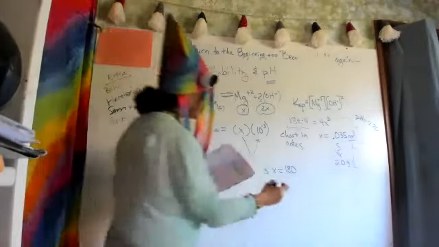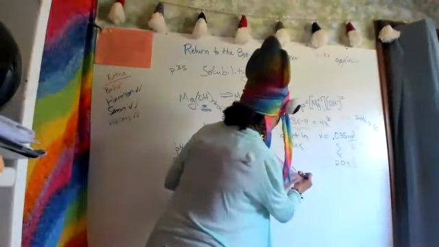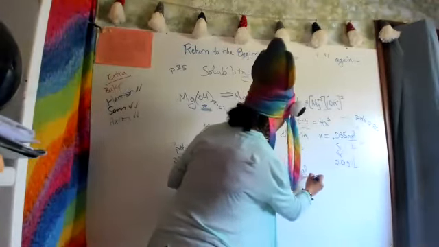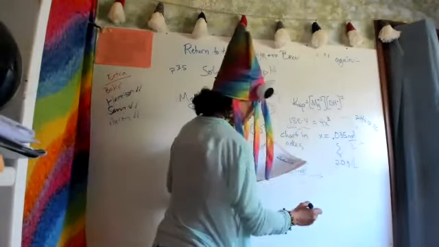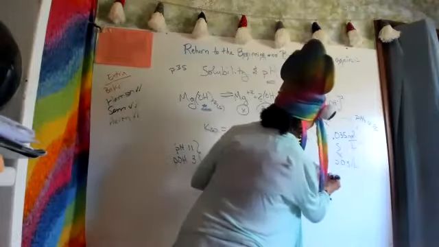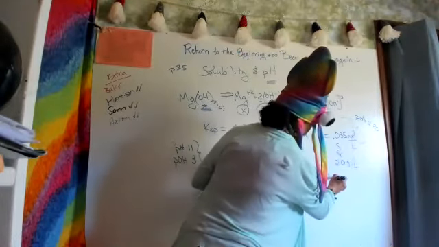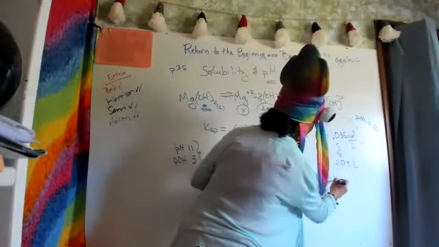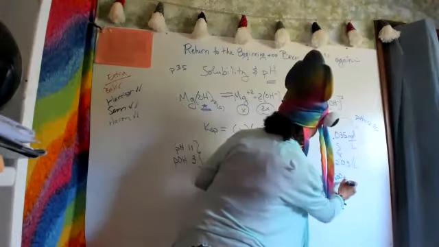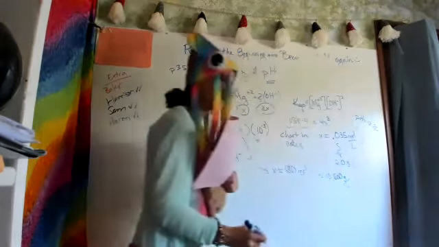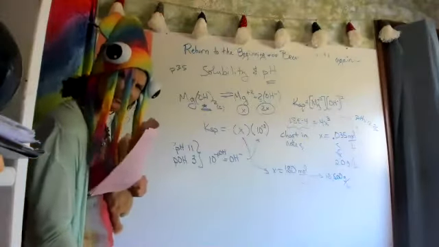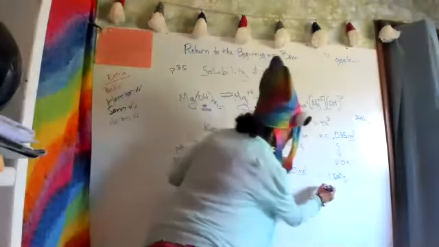So when you solve, this is moles per liter. When you go to your grams, you get 10,500 grams per liter. Do you guys know how much 10.5 is? This is 10.5 kilograms.